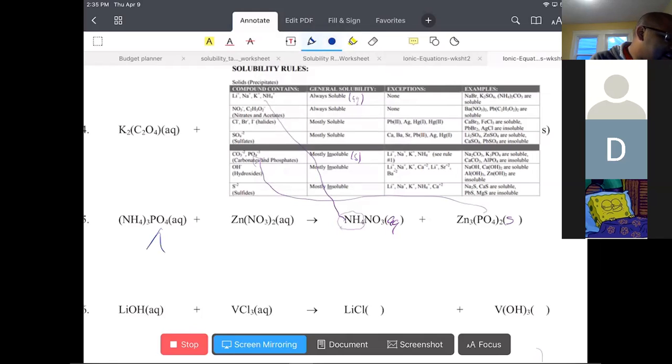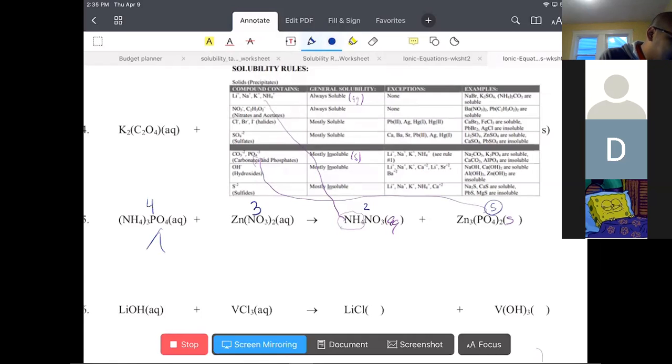So we have 4 atoms here. I have 3 atoms here. I have 2 atoms here. And then this one has 5 atoms. So we're going to start, once again, with the one that has the most complex. Here I have zinc. There are 3 zincs.